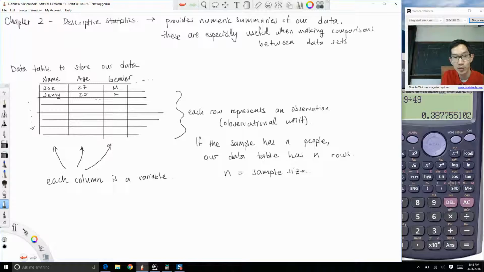So variables are basically bits of information that we collect, and we have two types of variable. We have categorical variables, and these tell us what type or what kind.